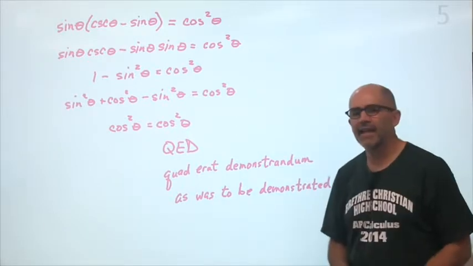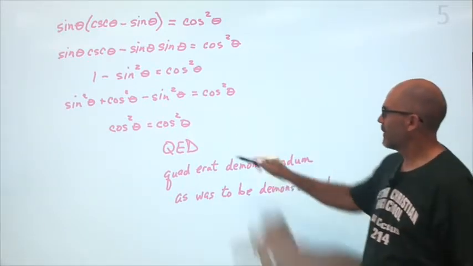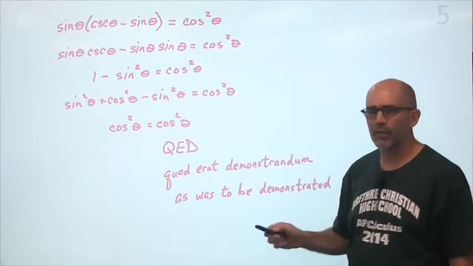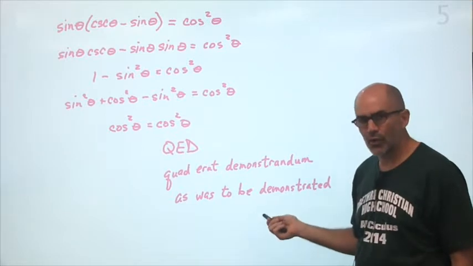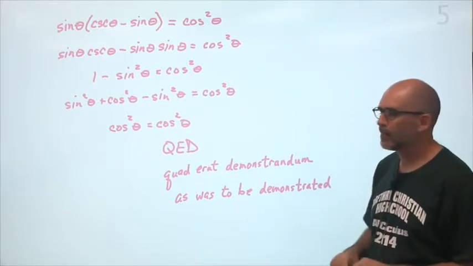Now, this is a traditional thing that you write at the end of every proof. It simply means I did what I was asked to do, that's it, I'm done.